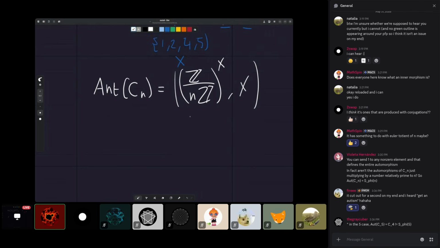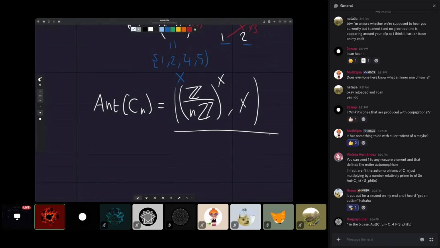And as was mentioned, the order of this thing in general is the totient function of n, which counts the number of things mod n co-prime to n. That's the definition of it.